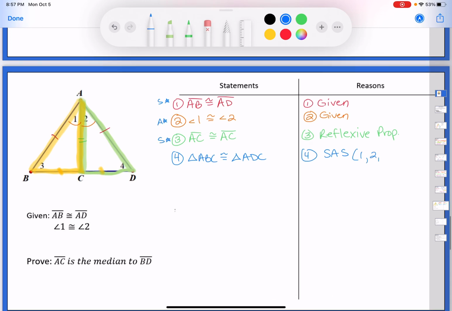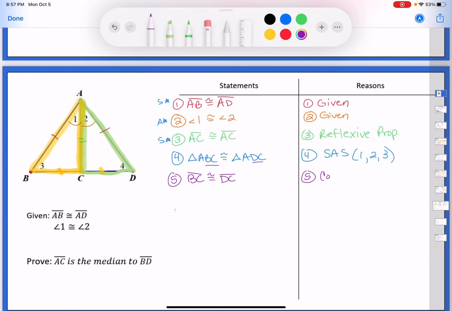So 1, 2, 3. All right, so now that I have my triangles congruent, again, I see that segment BC and segment CD are my corresponding parts of those congruent triangles, right? BC and DC, so step 5, segment BC is congruent to segment DC.